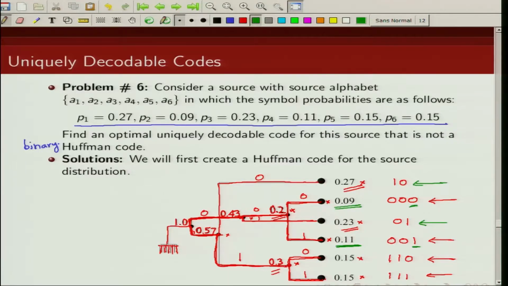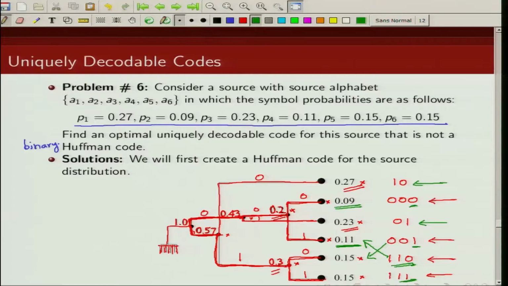Correct? Now if I swap any one of them, for example, if I make this code word 001 and this one 110, then it does not change the expected code word length.